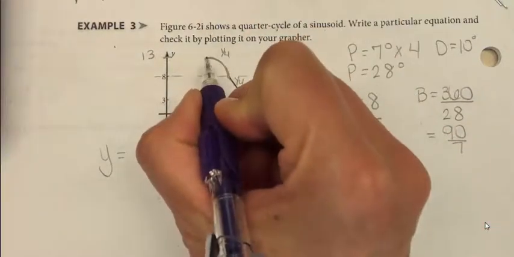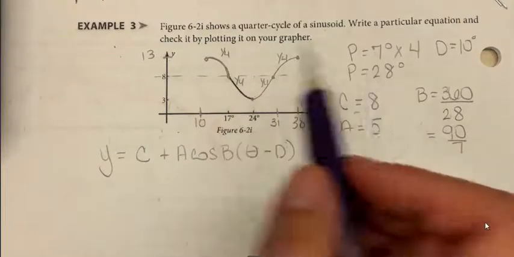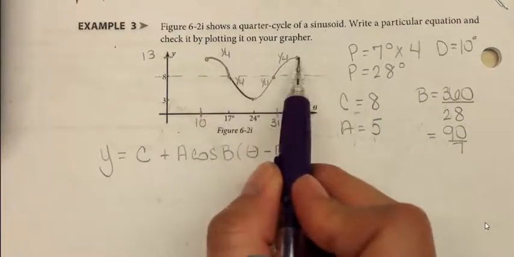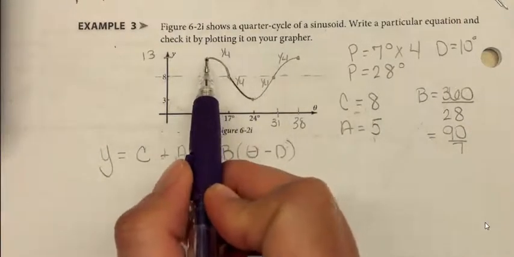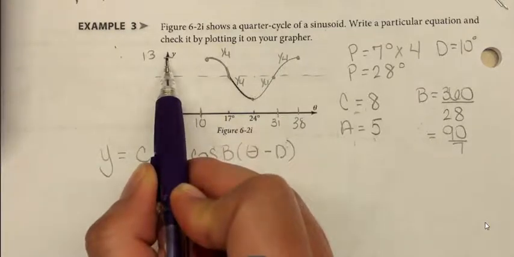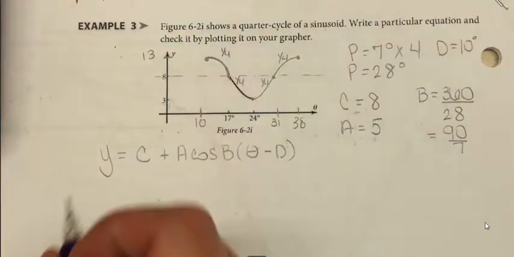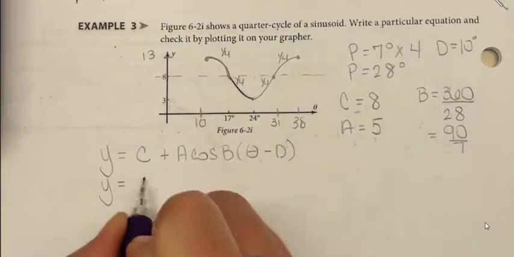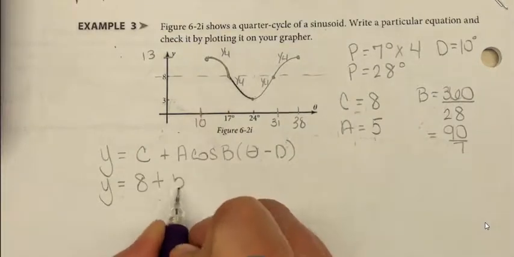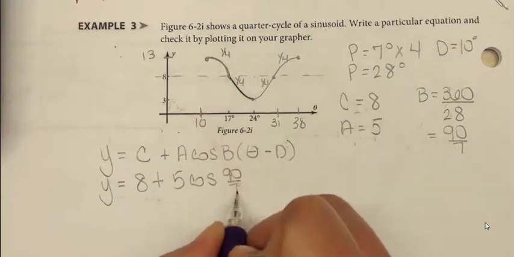But just to make this the simplest in my mind, I've got a period going from 10 to 38, a period of 28 degrees. So I can say, hey, originally my highest point was up here, and it's been shifted to the right 10 degrees. I'm going to use 90/7.